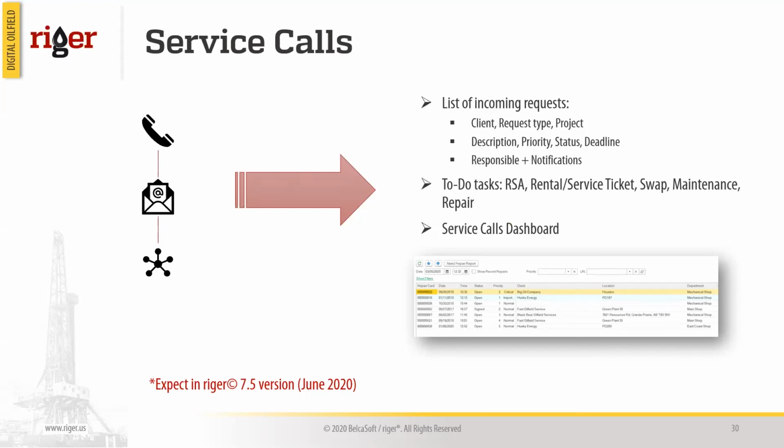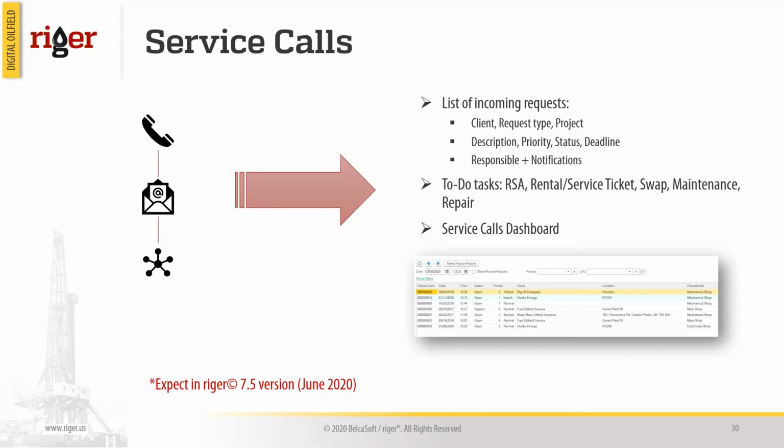So you can build your own list of projects or request types. That will be a flexible system that you set up specifically for you. And every single service call will have a description, a priority field, a status field, and a deadline field.